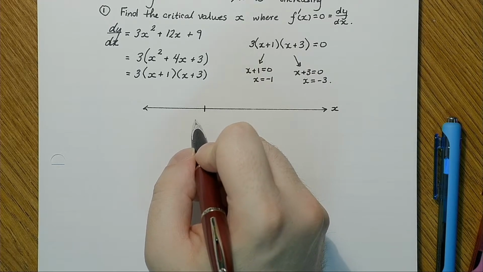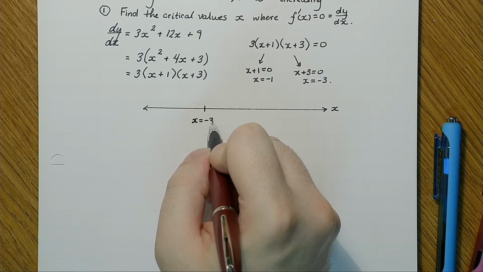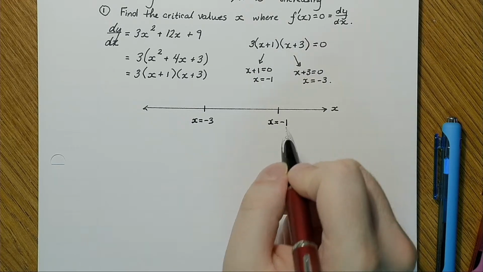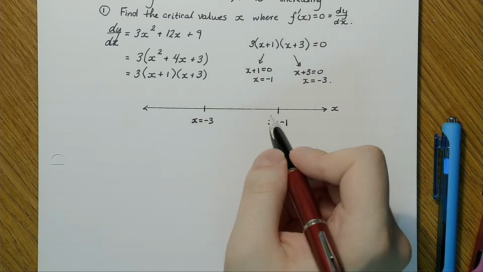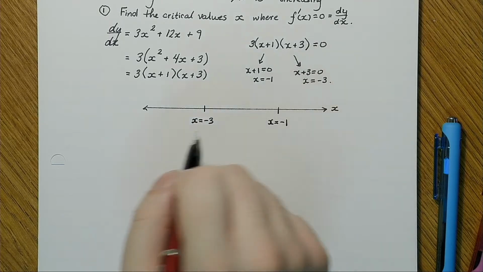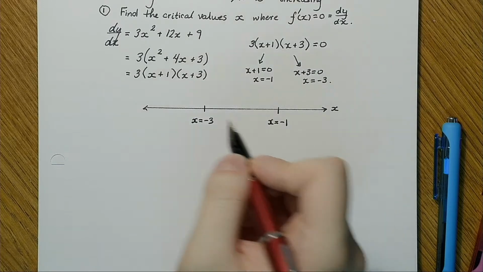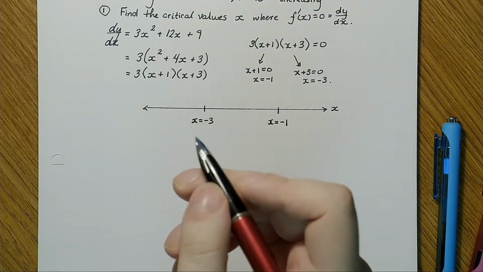So here's x equals -3. Here is x equals -1. And again, these are my critical values. So this is where it's potentially going to be changing from increasing to decreasing, or, you know, it stays the same.